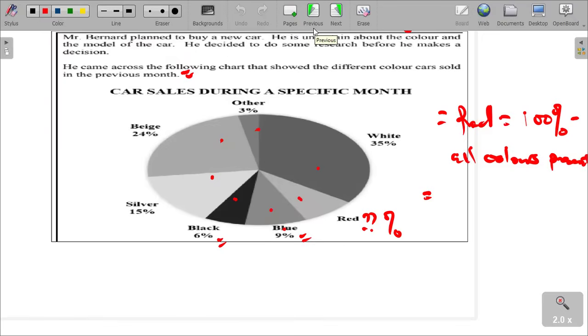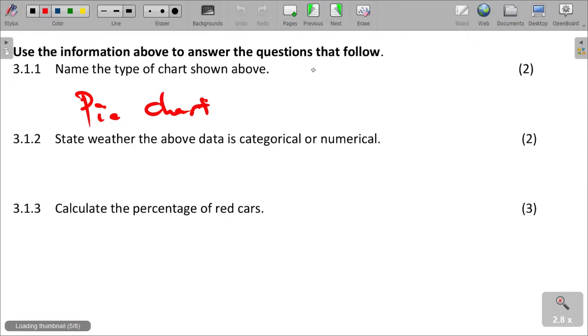As you can see, there are categories: beige, silver, black, blue, red, white. So it is classified data, given by categories, given by classes. So it's categorical. We are given percentages of each category.